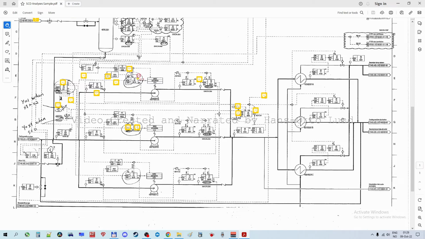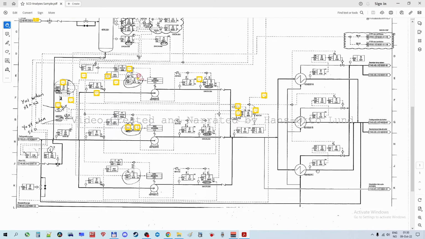One of the important things for the system is to try and keep the temperature of the cooling medium at a certain level. To achieve that, the system has a sensor here measuring the temperature of the cooling medium, and based on that, if it's lower, you will need to close this valve here with the seawater to increase the temperature as much as you need on the cooling medium.